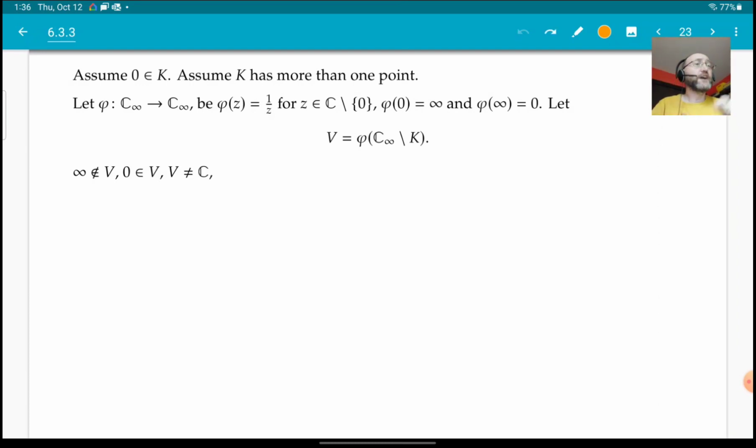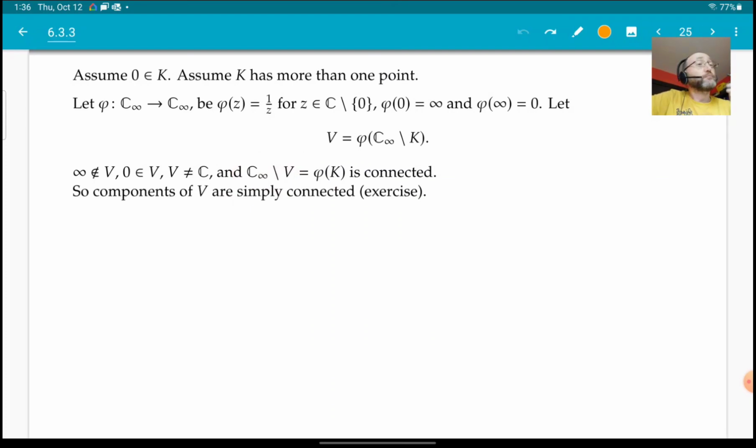Now, v is not the entire complex plane because k has more than 1 point. And finally, the complement of v, which is really just the push forward of k, is connected because k was connected. So the components of v are simply connected.